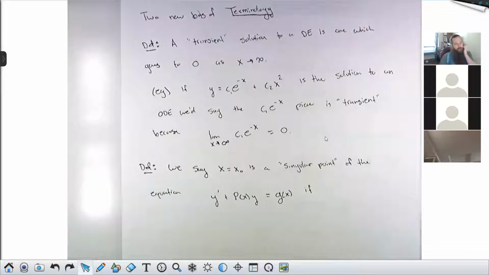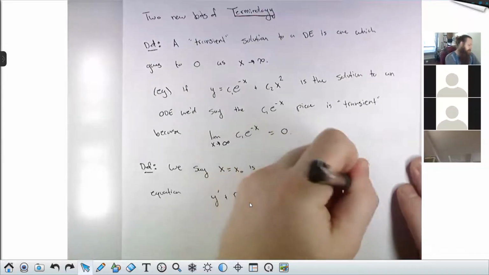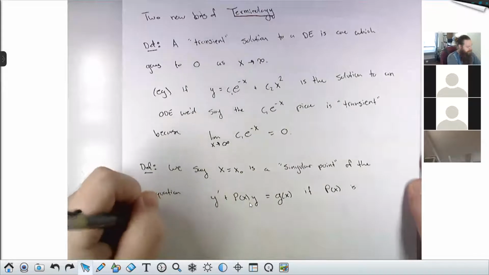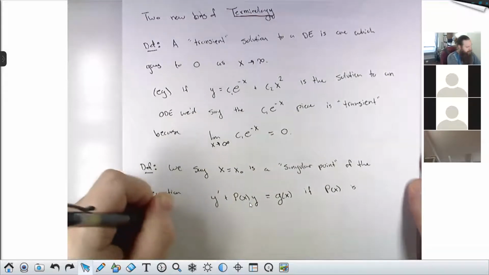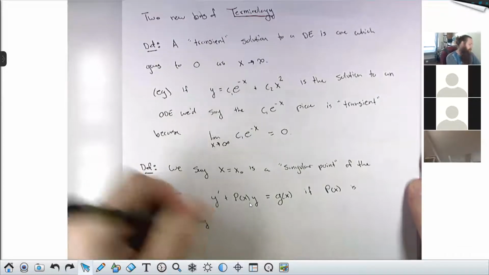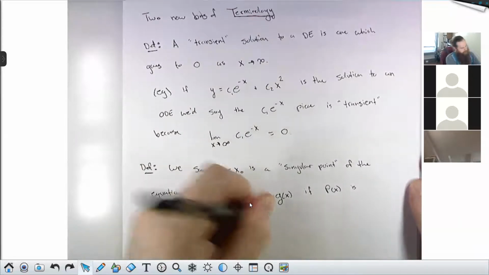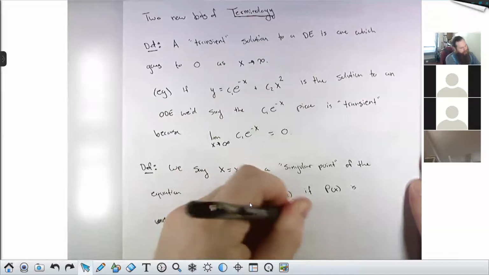We say that the x value x naught, x sub 0, is called a singular point of the first order linear equation y prime plus p of x y equals g of x if p of x is undefined or discontinuous, let me say poorly behaved, as x goes to x naught.